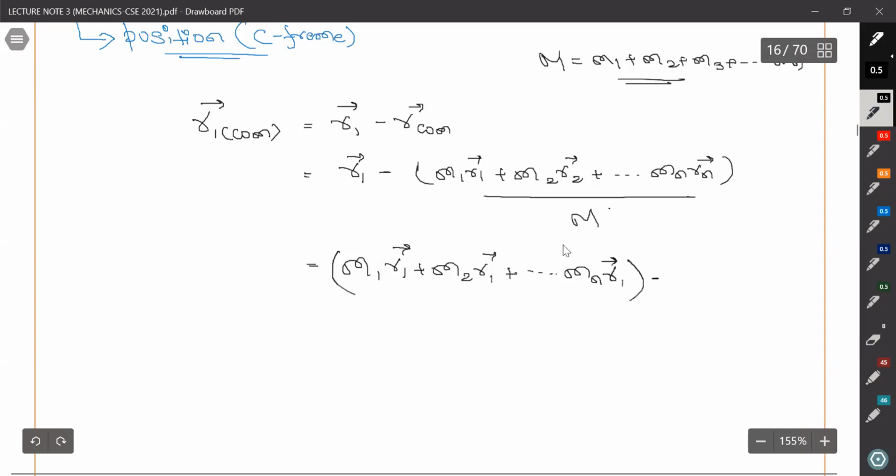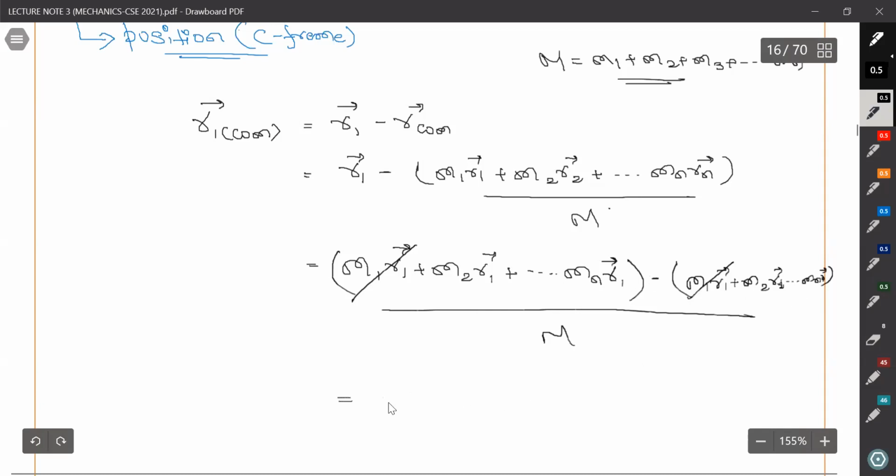Okay. So when we multiply this M with this it will turn out M r1 minus m1 r1 plus m2 r2, so on, mn rn, upon total mass M. So we can write it as, see, m1 and r1 will cancel out, m2 r1 minus m2 r2, and so on.